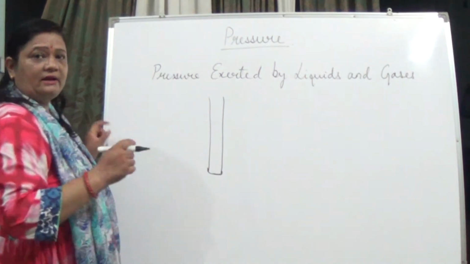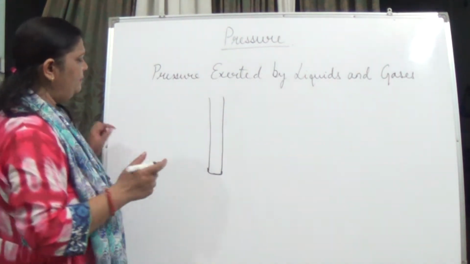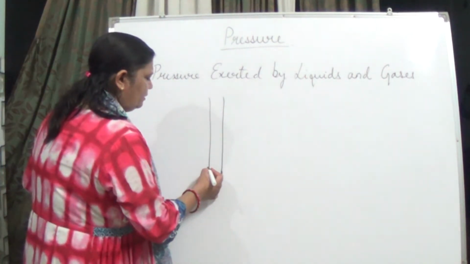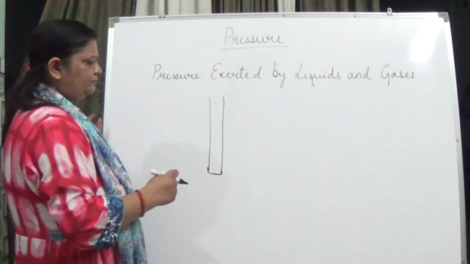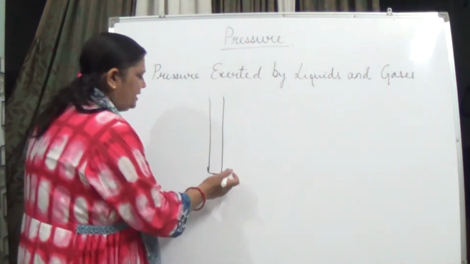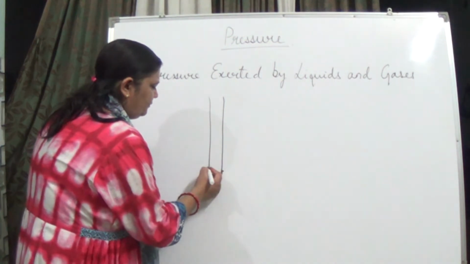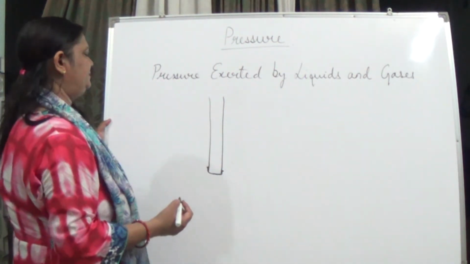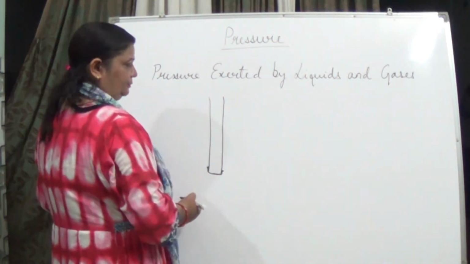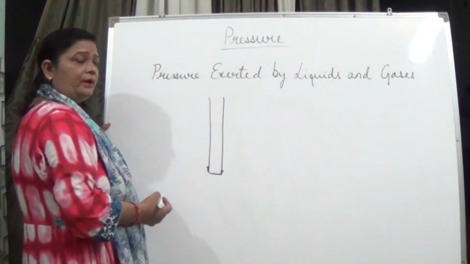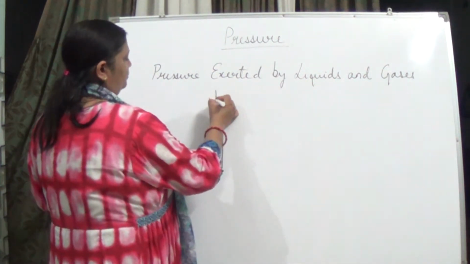That rubber is a flattened rubber. You can take basically the rubber of a balloon, and just tie it over here at the end of this glass tube. Now what you are going to do, you are going to add water to it.